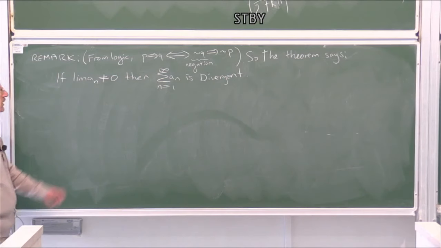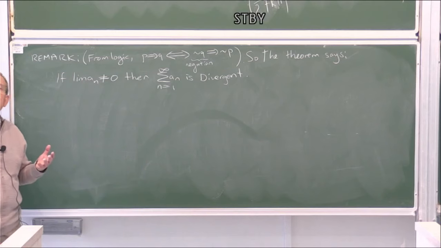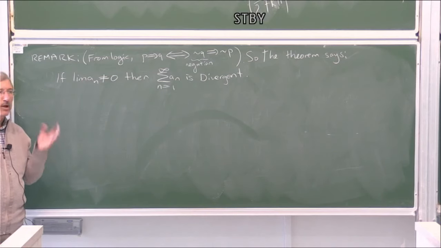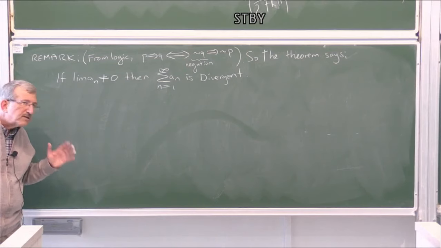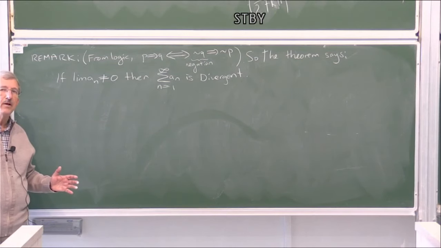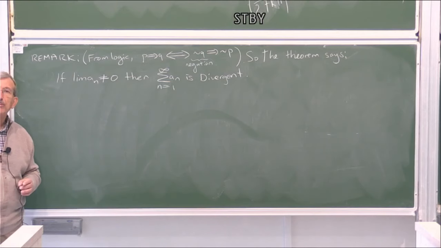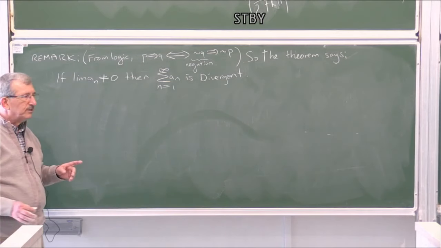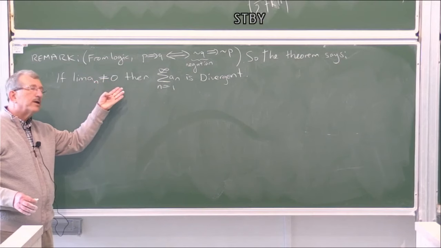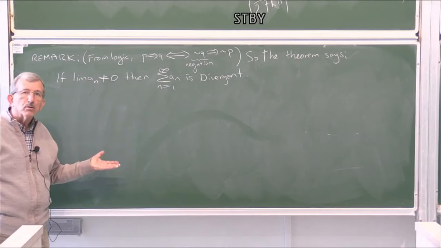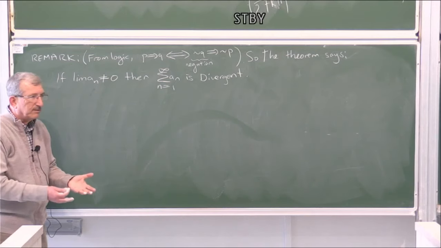More precisely, what does it mean that the limit of a_n is not 0? Well, there are two ways. One way is it has a limit, but it's not 0. The other one is it doesn't have a limit at all. If it doesn't have a limit, the limit cannot be 0.